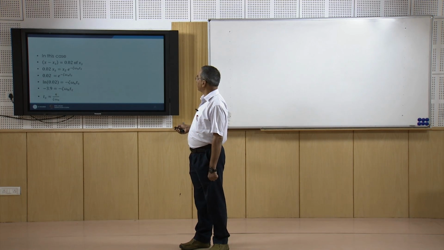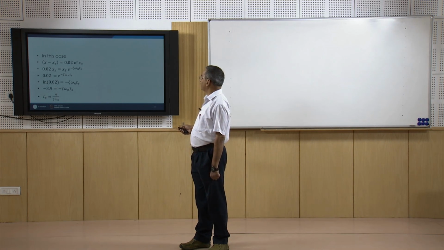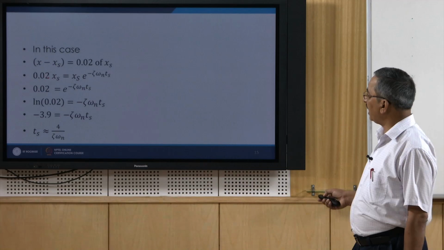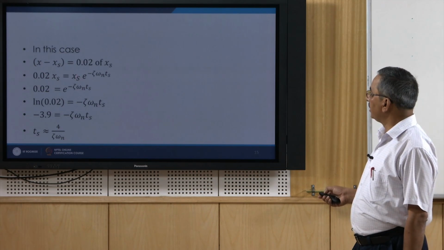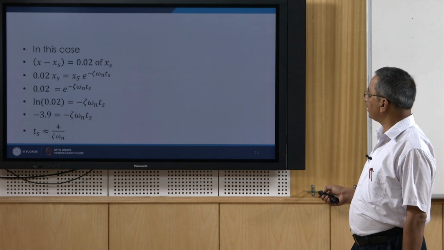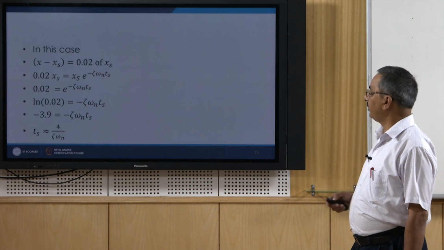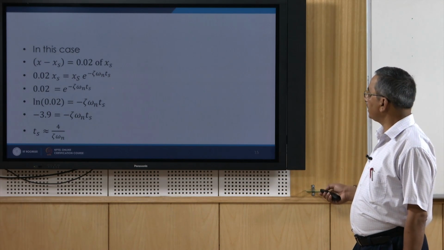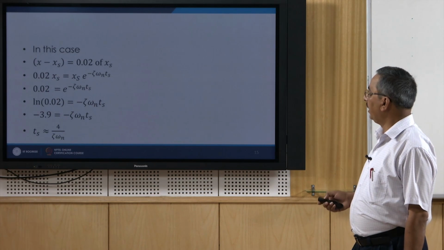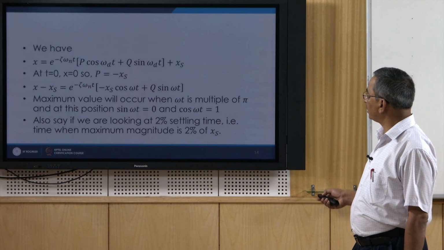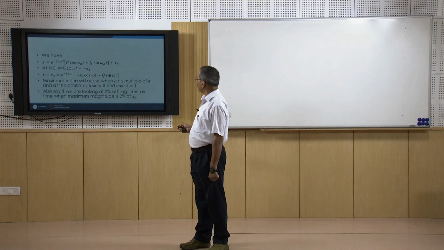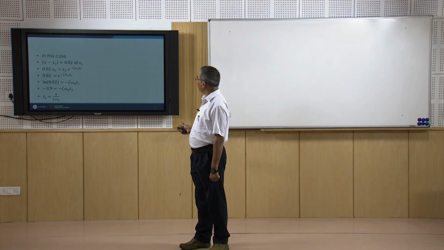So, I can say that 0.02 times xs is equal to xs e to the power minus eta omega n Ts. I got this expression from this term, because I am making this 1 and this 0, and I am interested in the absolute value.